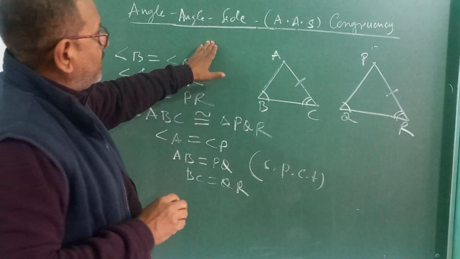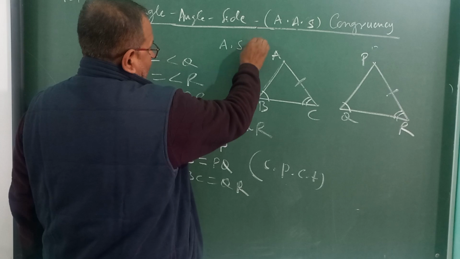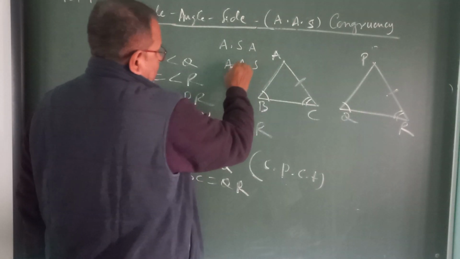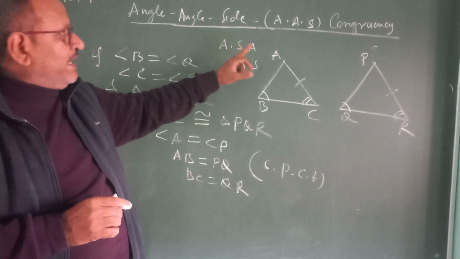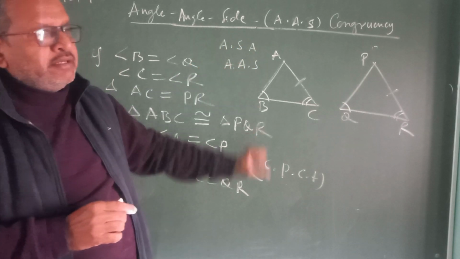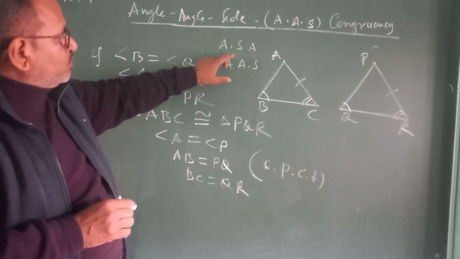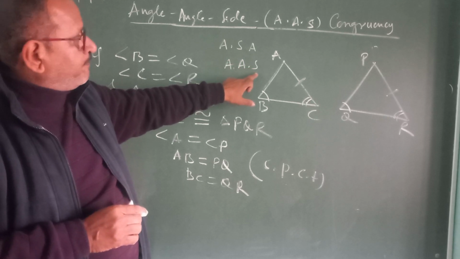So we have seen here two conditions. One is angle side angle, another is angle angle side. So what is the difference between these two? Two angles and one side are here, two angles and one side are also there.